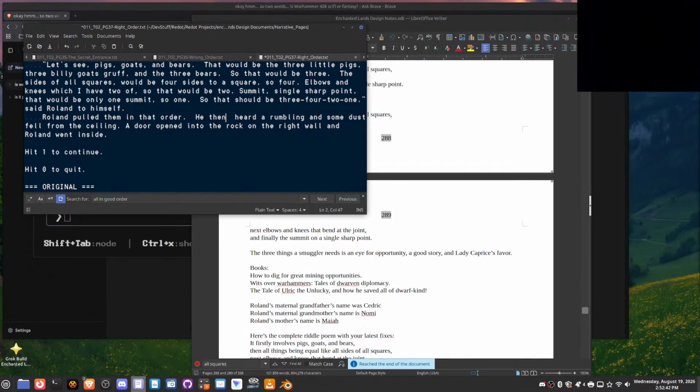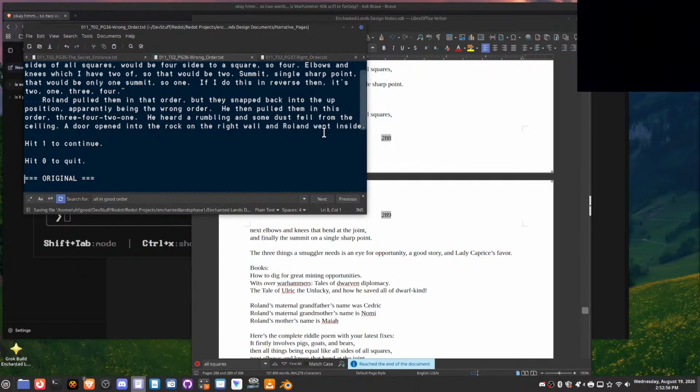He then heard a rumbling, and dust fell from the ceiling. The doors open on the right wall side. Okay.